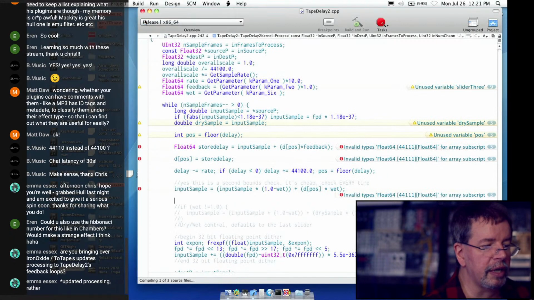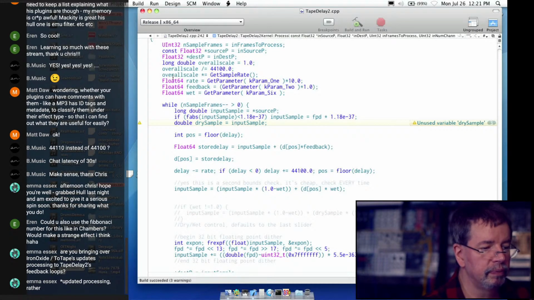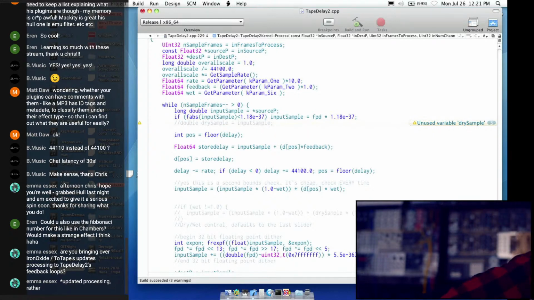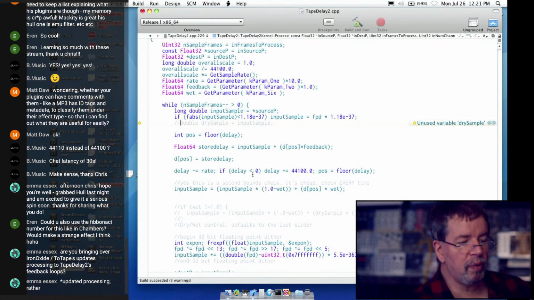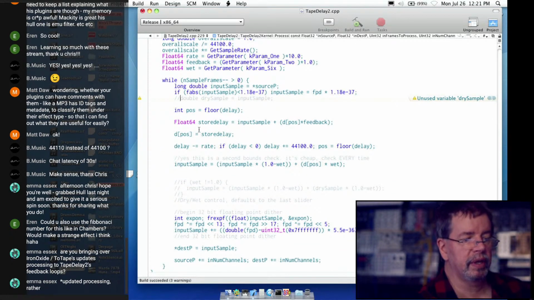Build it again just to clean up some of these errors. There we go. Comment that out. There. So what we need to do now is this. We got this. It is float 64. Store delay equals input sample plus deep pause divided by feedback.